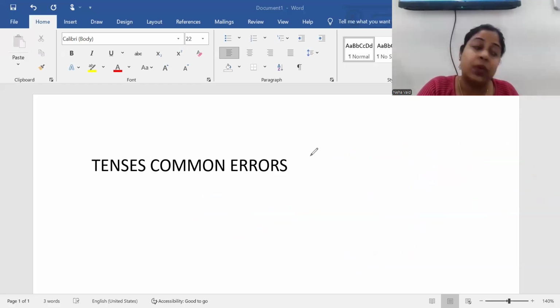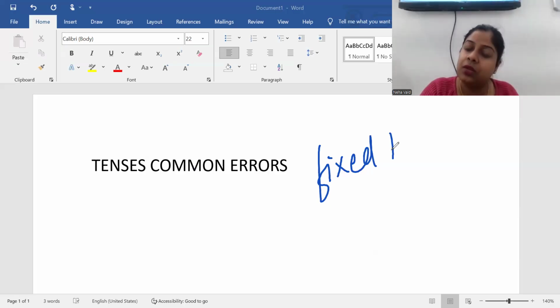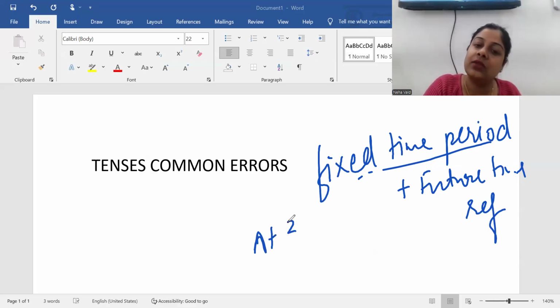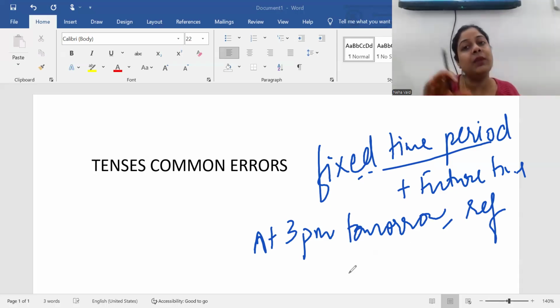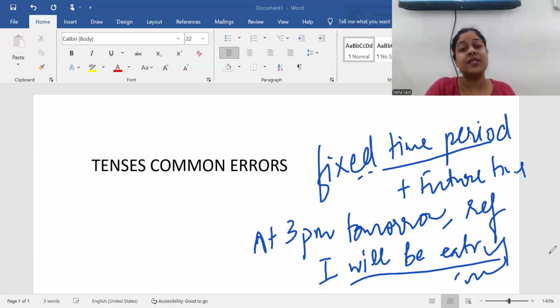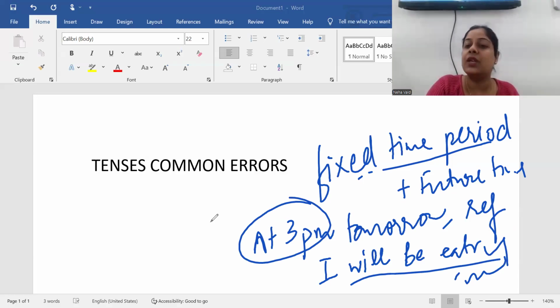But future continuous is used when you're given a fixed time period plus a future time reference, like at 3 p.m. tomorrow, I will be eating my lunch. So we are specifying a fixed action, a fixed time period, plus we know it's going to take place in the future. So we are using at, will be eating.